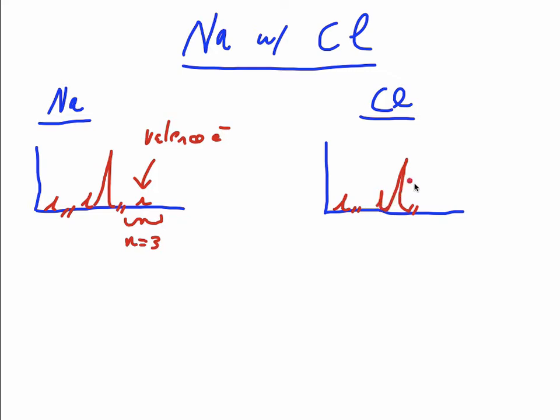Okay. Now again, here are the valence electrons. Those are the electrons in the outer energy level. Again, here that's n equals 3 as well. So here we have 1 valence electron, and here we have 5 valence electrons.